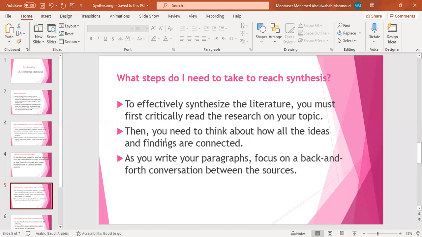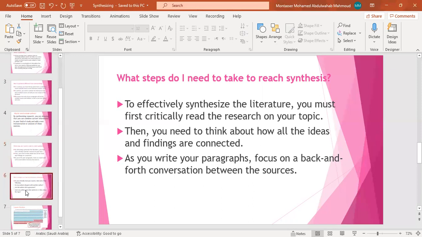After you are able to critically read the information, you need to think about how all the ideas and the findings available in the sources you are reading from are connected. Because you try to criticize, you analyze. So when you write your paragraphs, you focus on a back and forth conversation between the sources you are writing from.